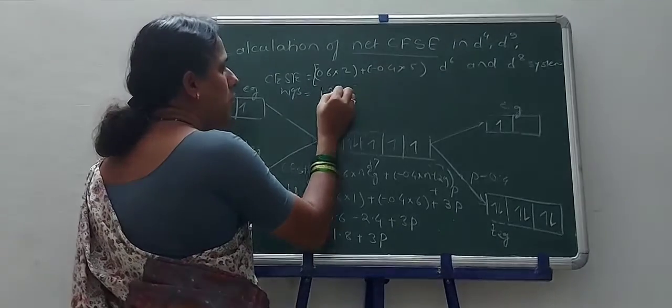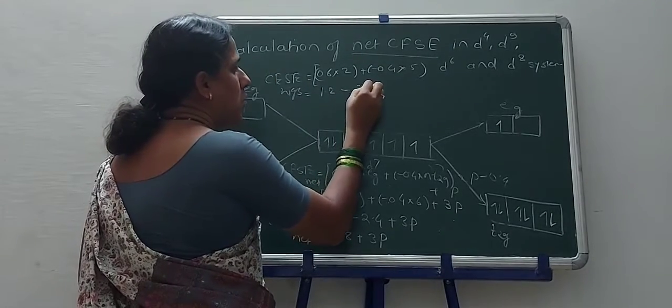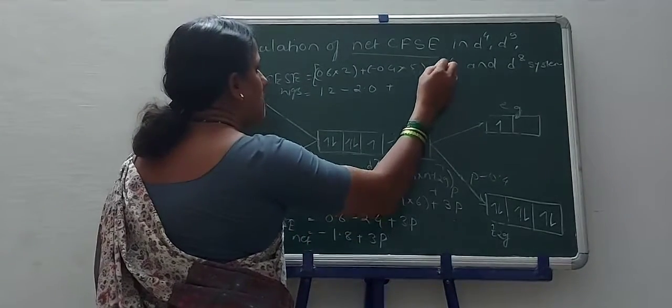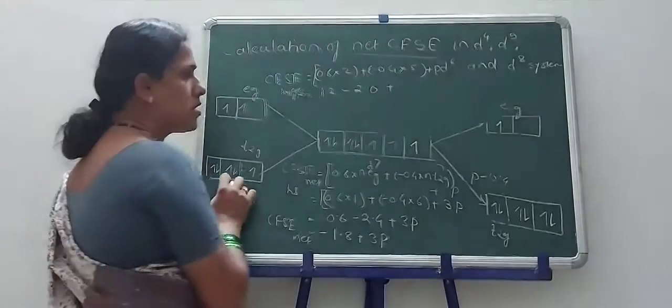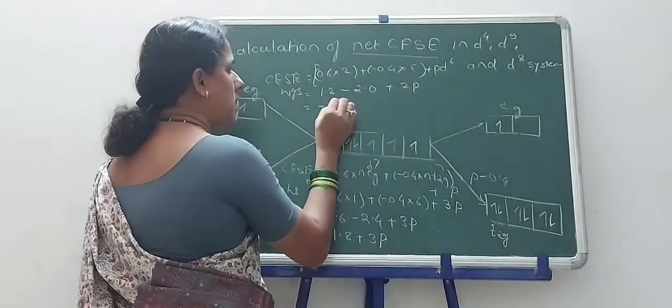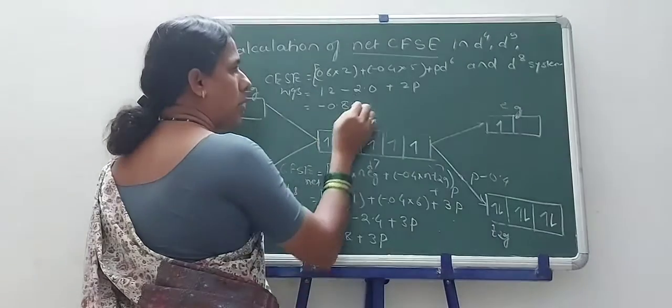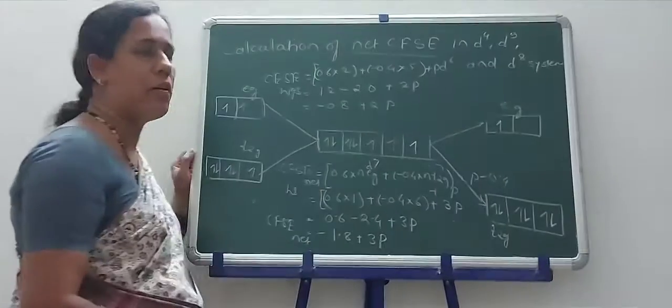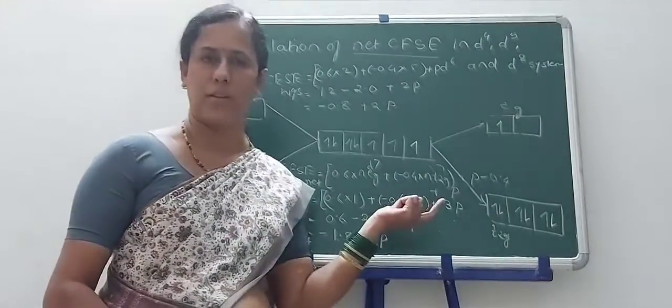That is equal to 1.2 minus 2.0 plus P. What is the pairing energy? That is equal to 2 pairs, that is equal to 2P. Therefore, it is equal to minus 0.8, okay, plus 2P. This is the CFSE net for D7 configuration.